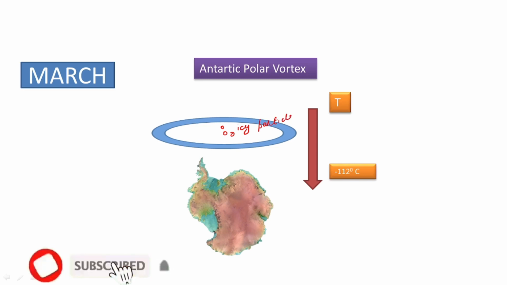To these icy particles come and bind certain reservoir molecules that bind the chlorine atoms, and they form the polar stratospheric clouds.